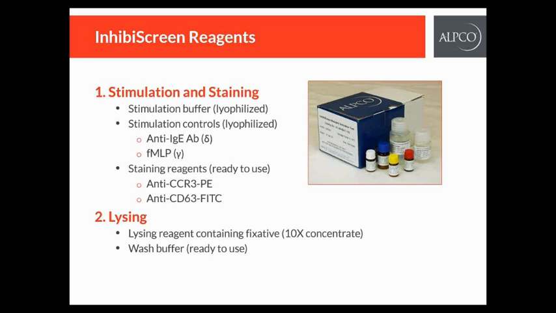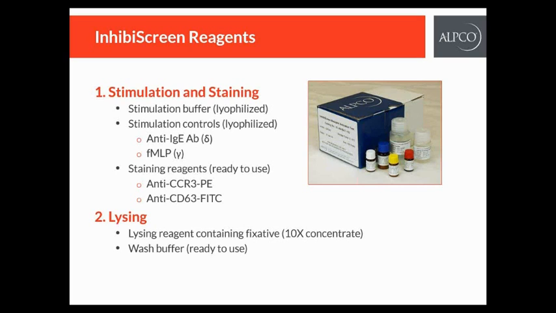The controls are an antibody directed against the IgE receptor. This is reflective of the delta isoform of PI3 kinase, as well as the FMLP stimulation control, which functions through the gamma isoform of PI3 kinase.